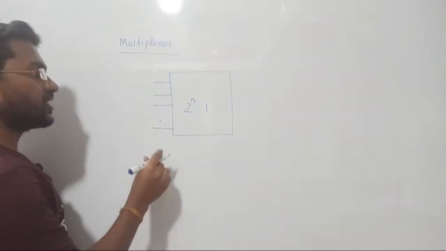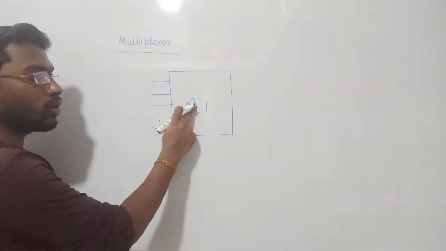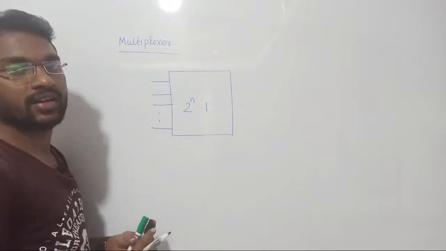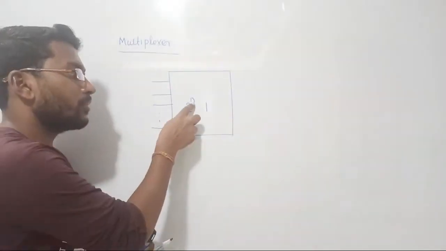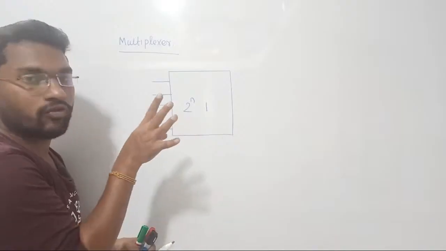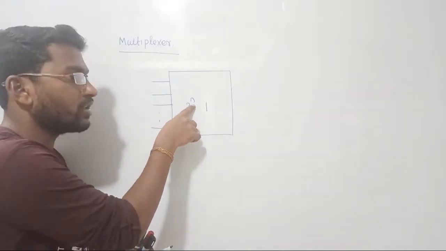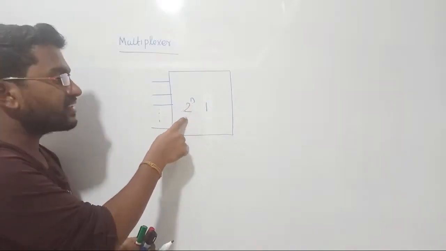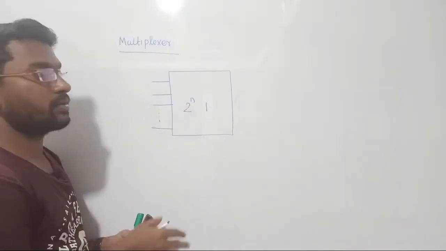If I replace n equal to 1, we consider 2 input lines. Let us assume we have only 2 songs. If n equal to 2, we have 4 songs. If n equal to 3, we have 8 songs. If n equal to 4, we have 16 songs in my mobile.